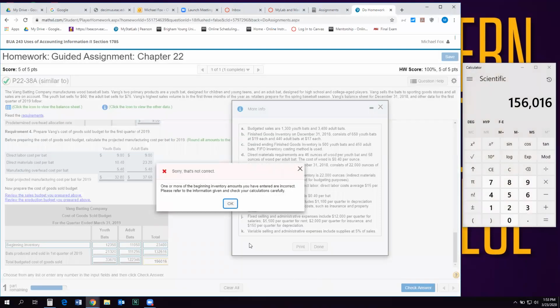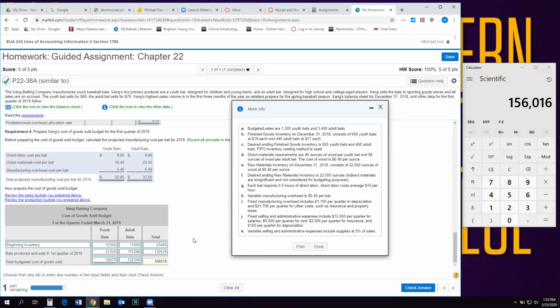Oops. So one or more of your beginning inventory amounts you have entered are incorrect. So let me figure out what I did wrong. So my beginning inventory were 650 bats at 19 each for the youth, 12,350, and 440 adult bats at 17 each.